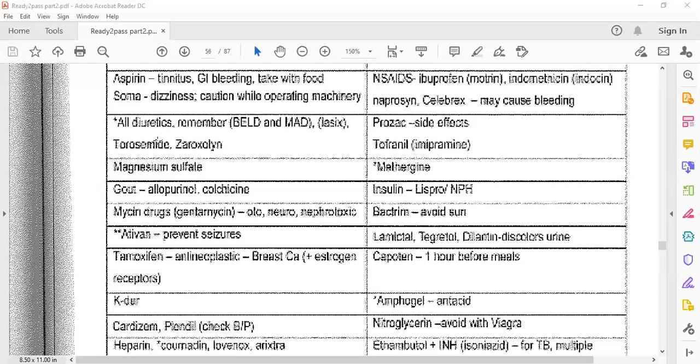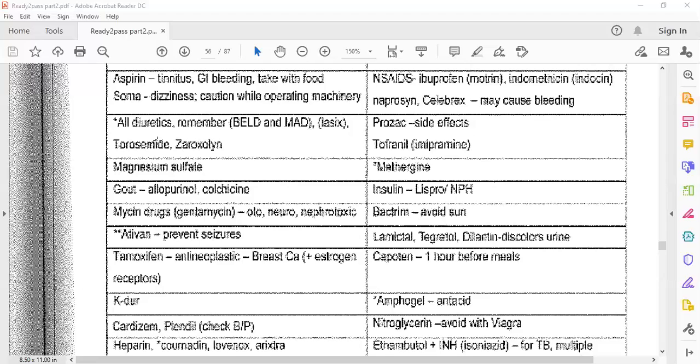Out of all, the loop diuretics are the most potent diuretics, as they increase the elimination of sodium and chloride by primarily preventing reabsorption of sodium and chloride, right?